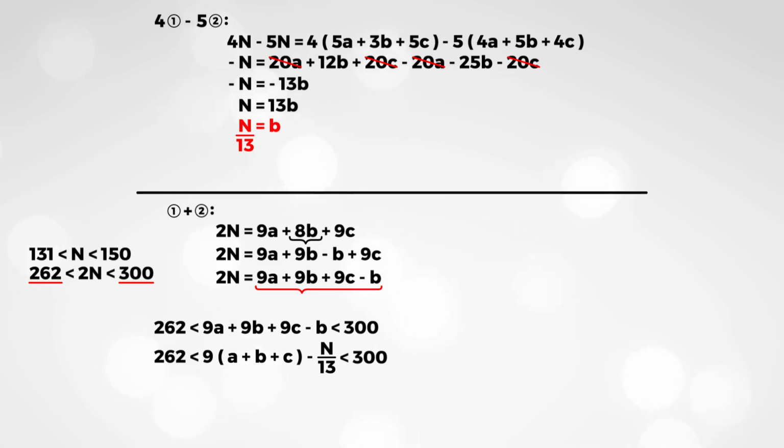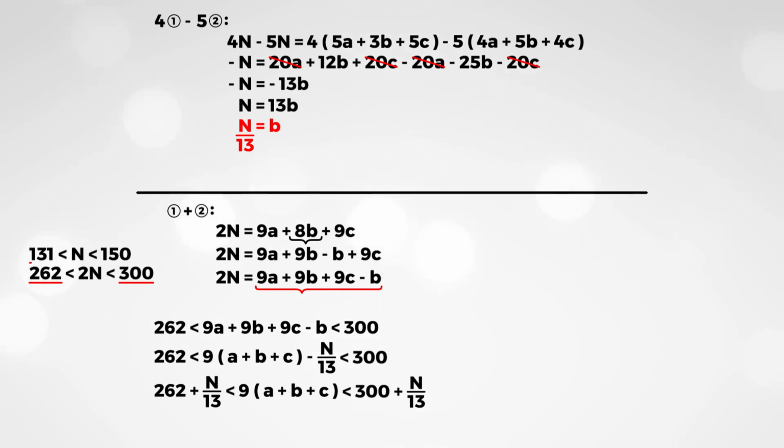Now what we have to do is bring the n over 13 part over to both sides. So it becomes 300 plus n over 13 and 262 plus n over 13, like that. And n over 13 is what?